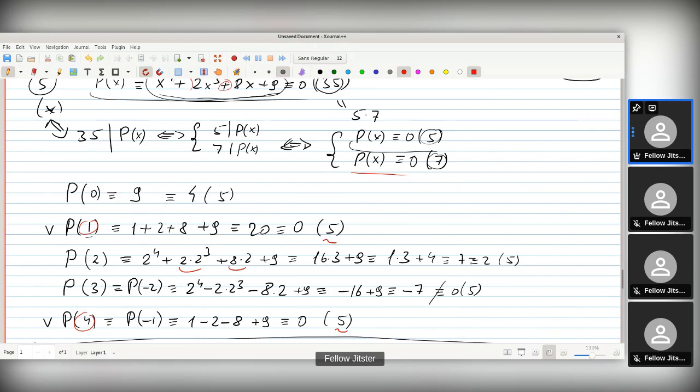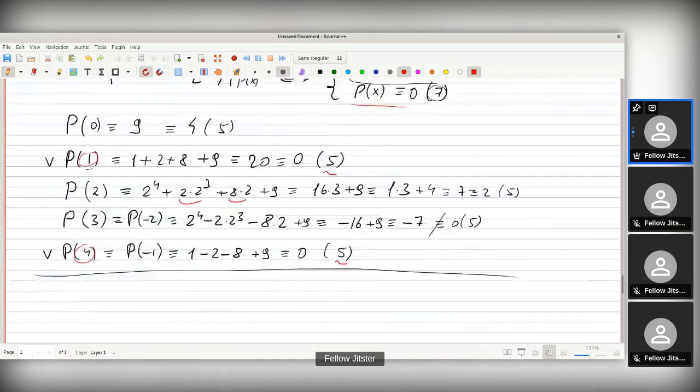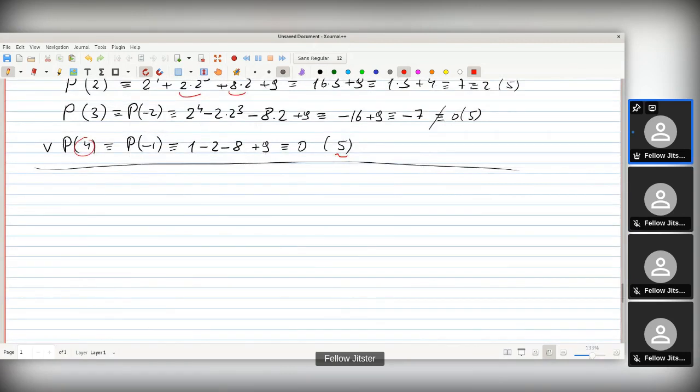Our solution is not 1 and 4. Our solutions are 1 and 4 modulo 5. But modulo 7, I have other values of these numbers. Is this idea clear? Yeah. Practically, that means that I have to recheck every remainder, but modulo 7.